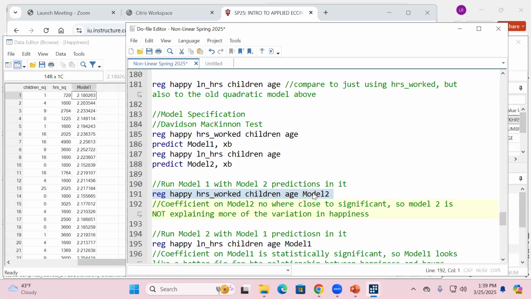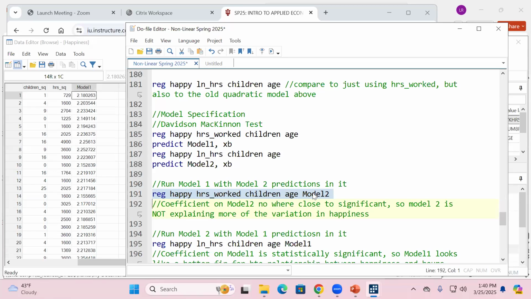So that's going to tell me that this second model was coming up with predictions that were explaining more about Y, adding some amount of explanation to the values for Y in addition to whatever I had included here. So essentially, by creating the second model's predictions, if we can reject the null for the coefficient on those predictions, that's really telling us that the second model was giving me better ideas of the actual Y values, and that's the model I should be using.